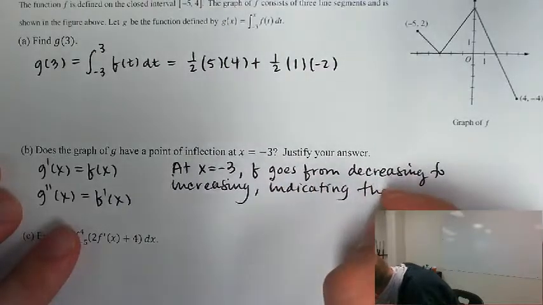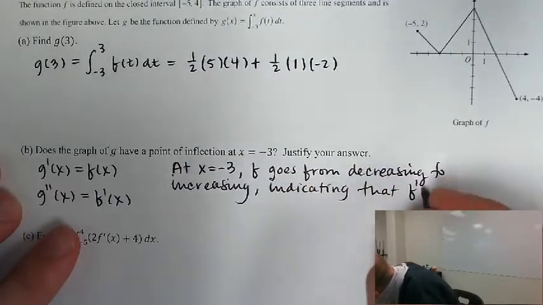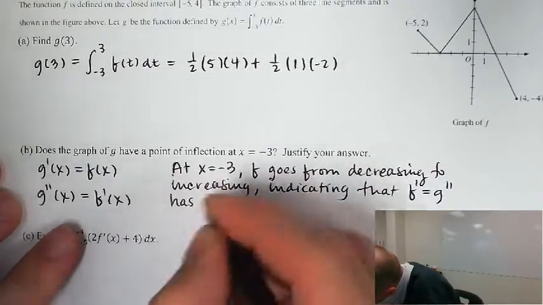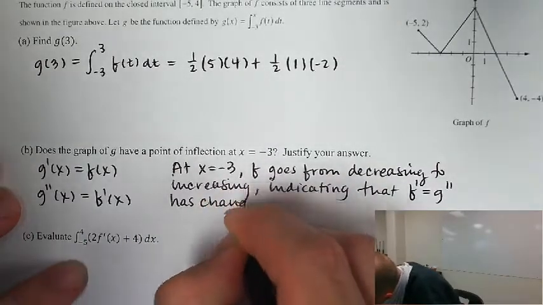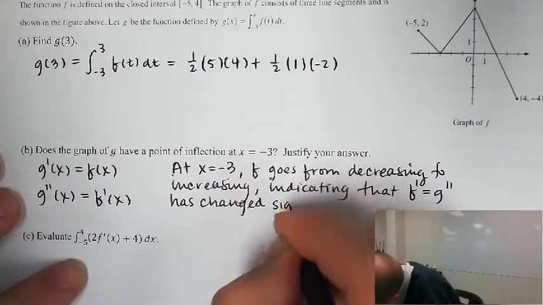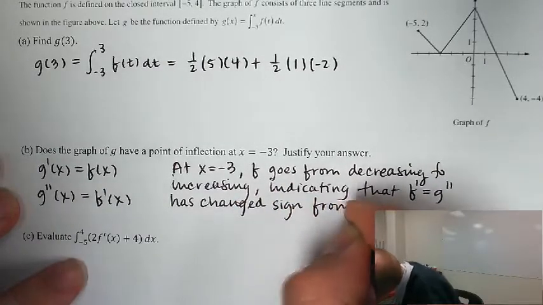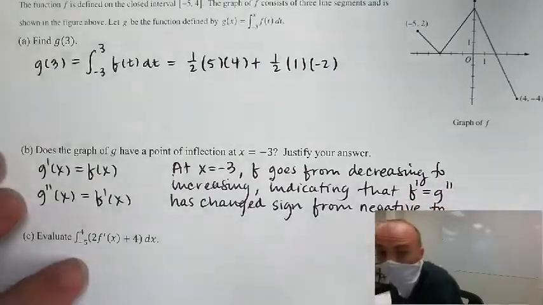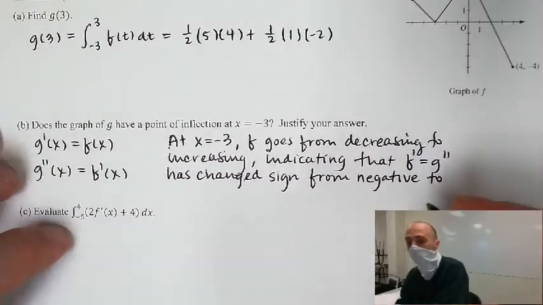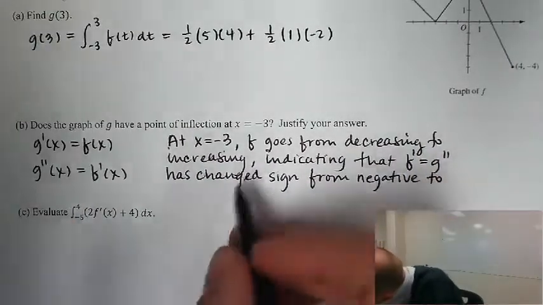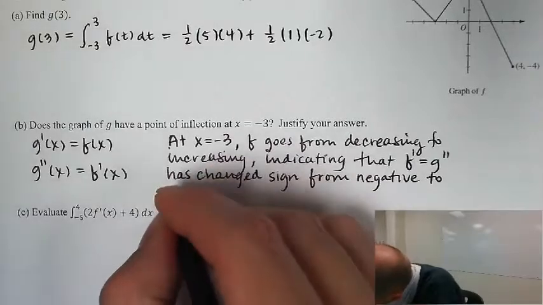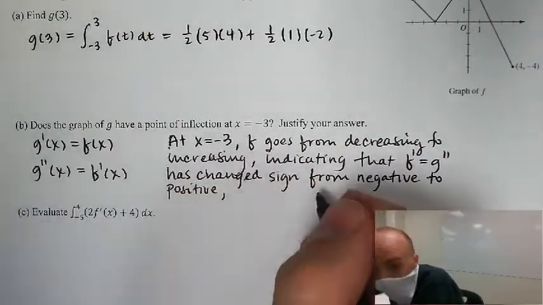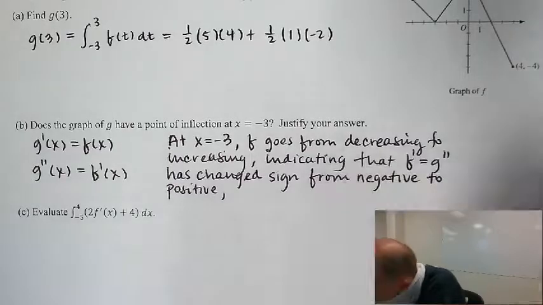Indicating that f prime, which is equal to g double prime, has changed signs from negative to positive. This is probably more specific than you need to write, but I just want to explain my reasoning, you know what I'm saying? So change sign from negative to positive, thereby indicating a point of inflection on the graph of g.